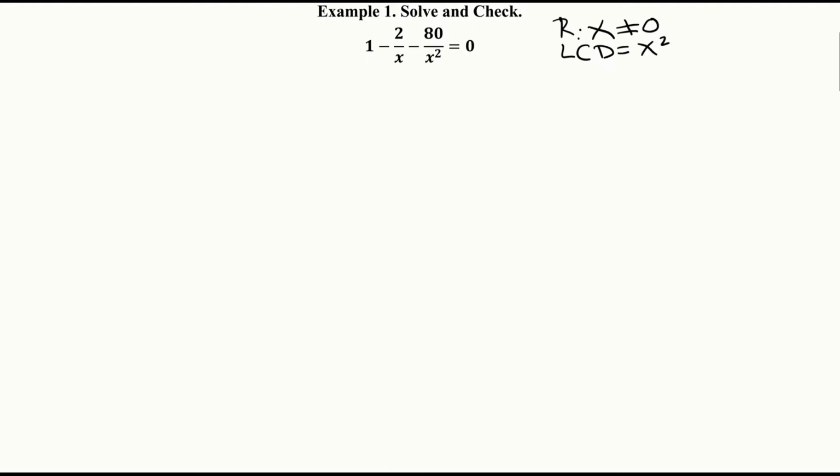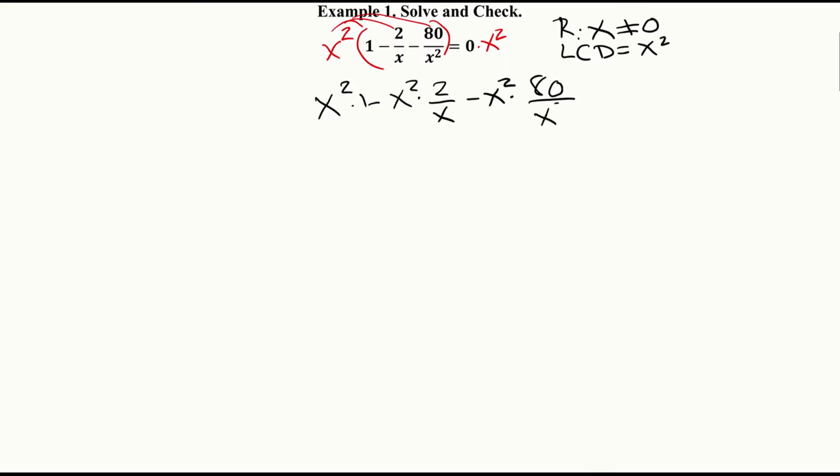So we'll go ahead and multiply both sides of this equation by x squared, and of course we'll need to distribute here, and we'll do the same on the right side. So we'll end up with x squared times 1 minus x squared times 2 over x minus x squared times 80 over x squared equals 0 times x squared, which is of course just 0.